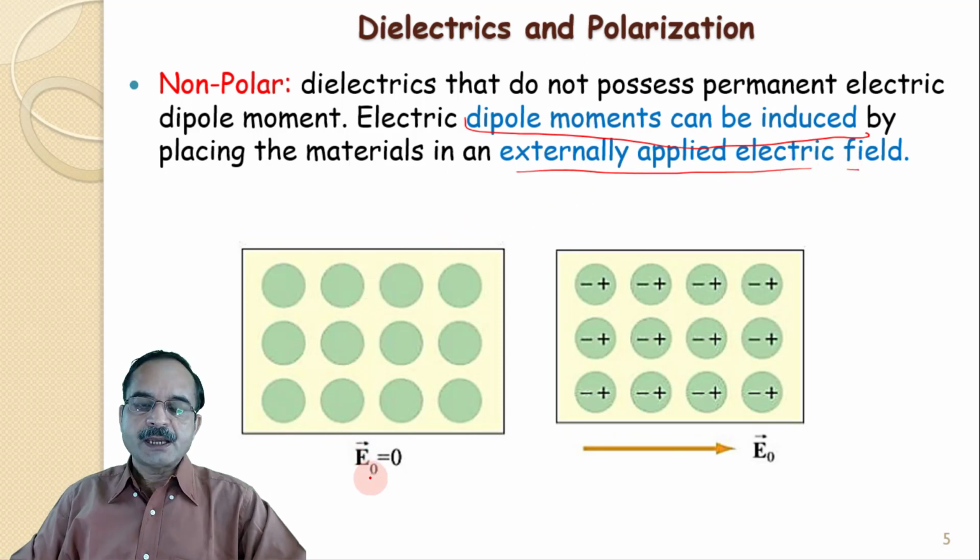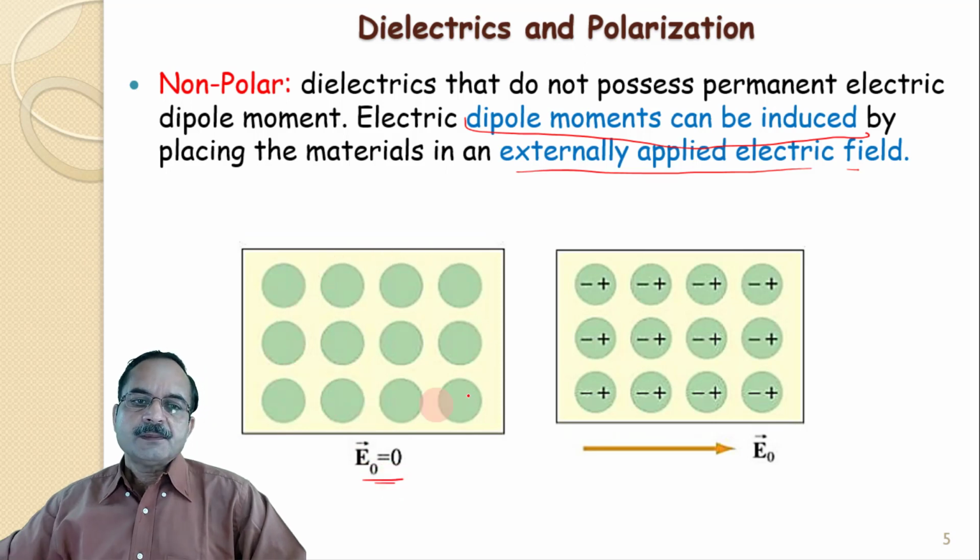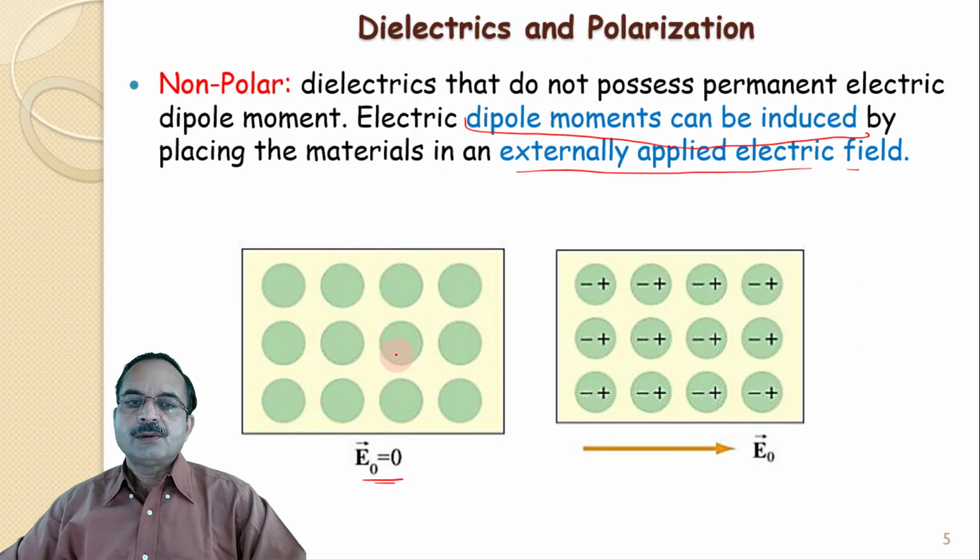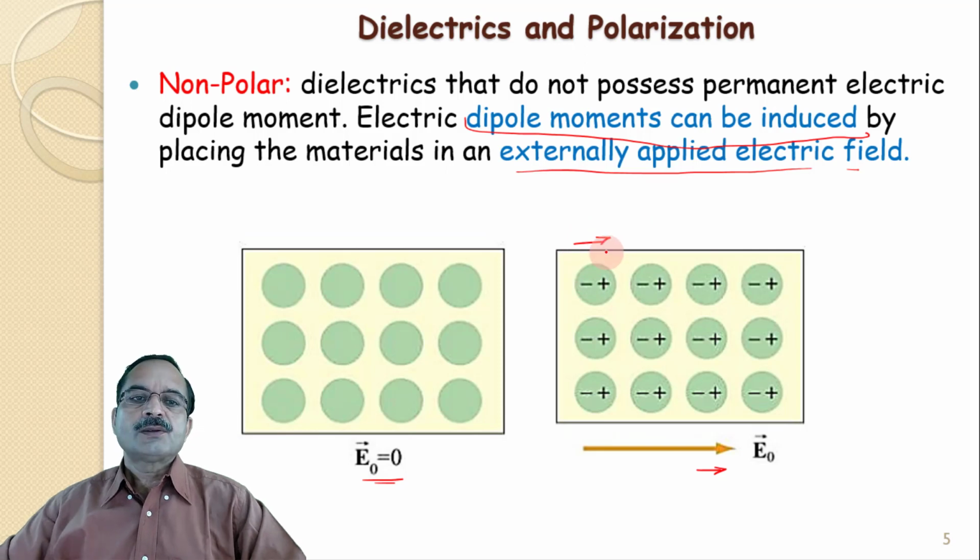For example, in this diagram, when the external electric field applied is 0, atoms are electrically neutral, so no dipoles are formed. When some external electric field is applied, the dipoles are formed and they get oriented in the direction of the applied electric field. This type of material is called non-polar material.